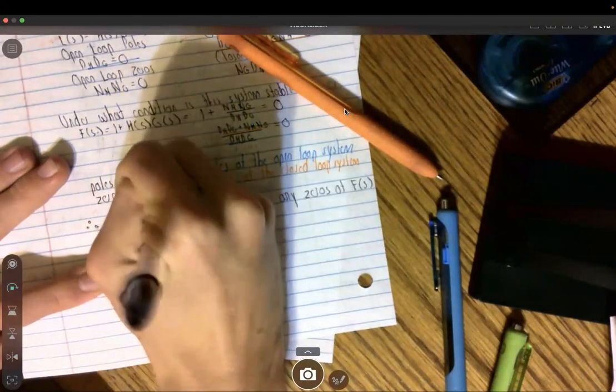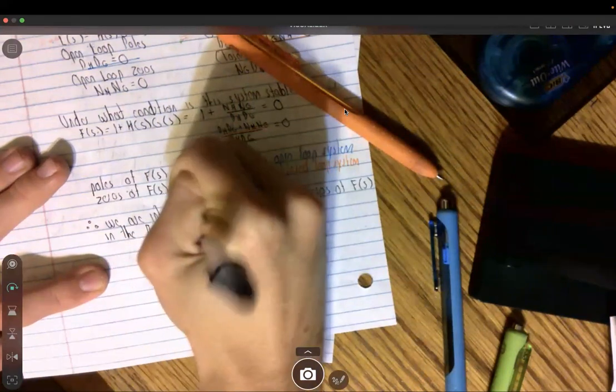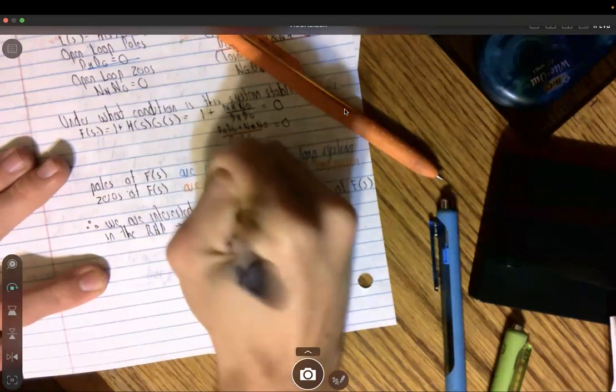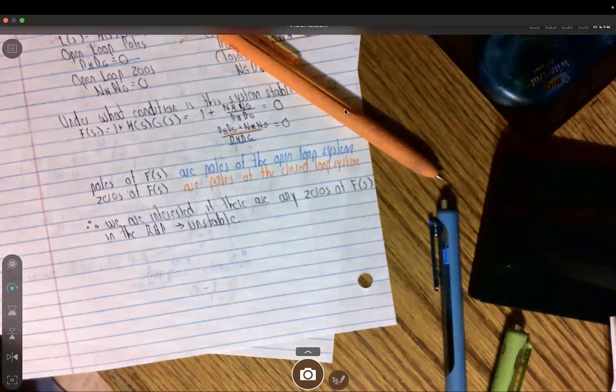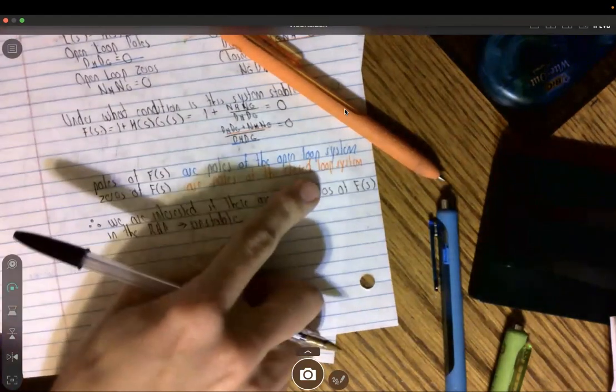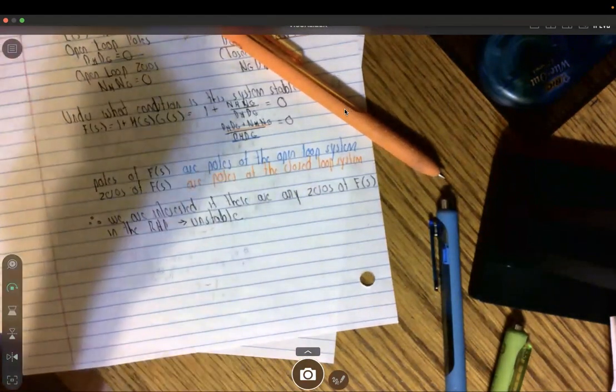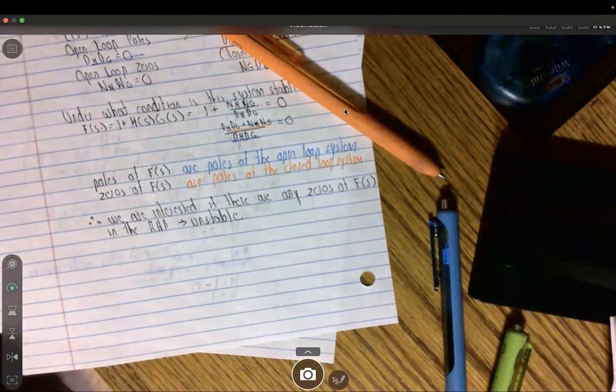If so, it is unstable. Remember, we always want it in the left-hand plane to be stable. So that's why we're looking at the zeros of F of S, since those are actually the poles of the closed loop system. So we're going to look at the right-hand plane.